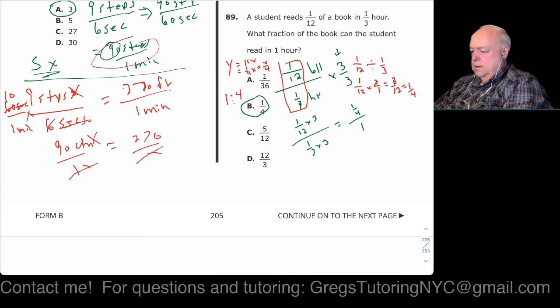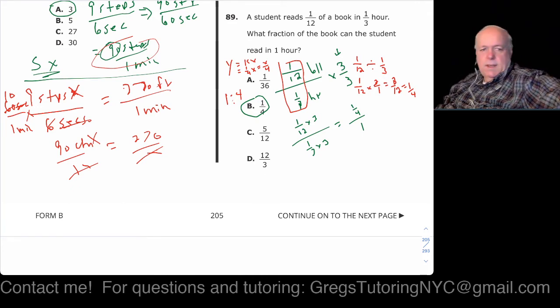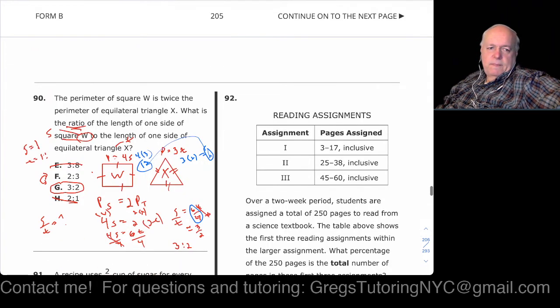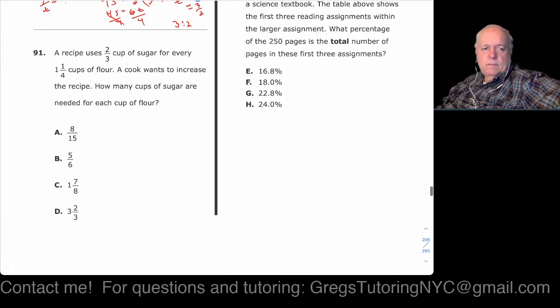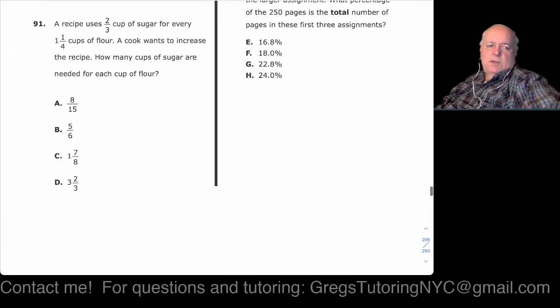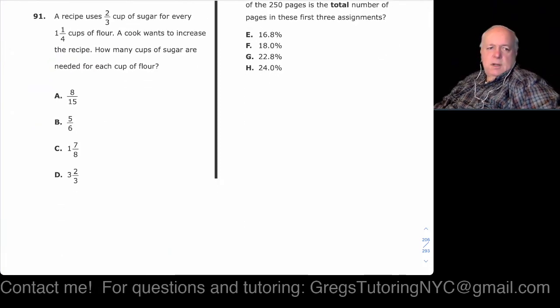And then there's 91. So where's 91? And 91 is just more of the same. So it says a recipe uses 2/3 of a cup of sugar for every, right? For every, that's our keyword.